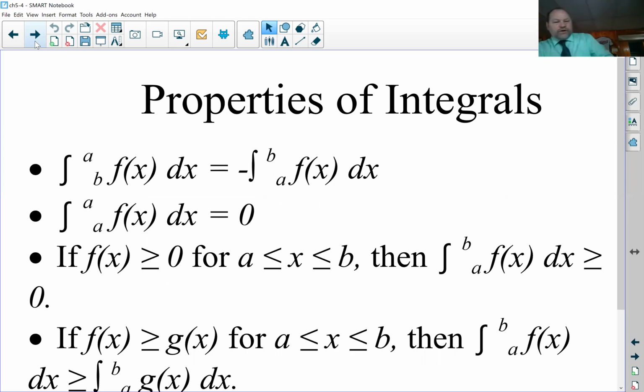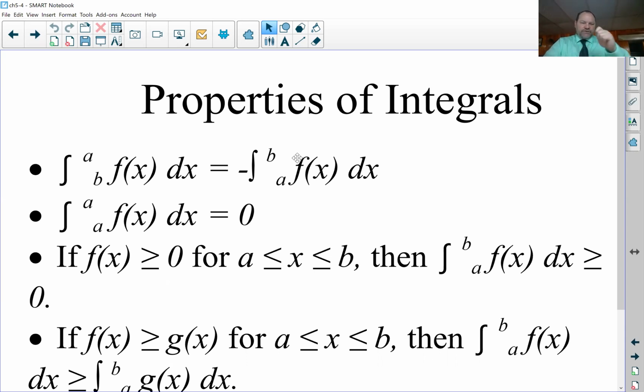So some properties of integrals that can be very useful as we move forward. If you have the integral from b to a of some function f of x dx, that is the same as the opposite of the integral from a to b.